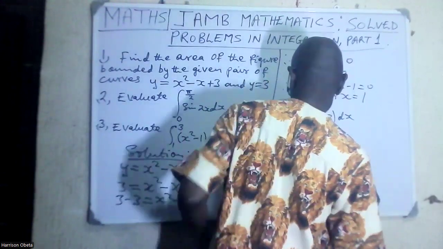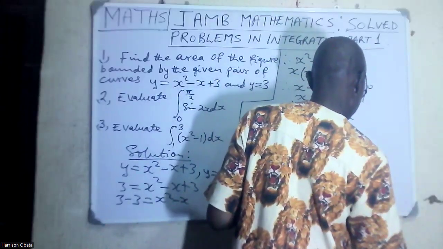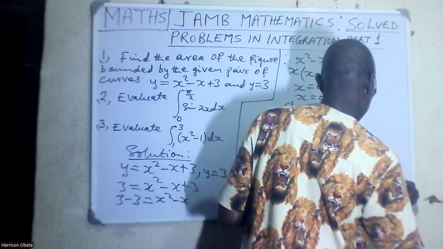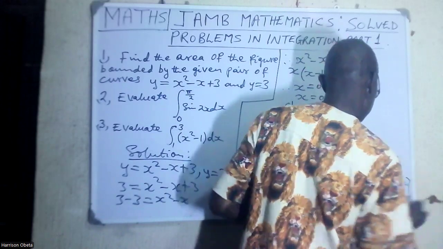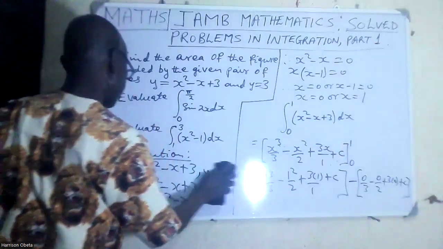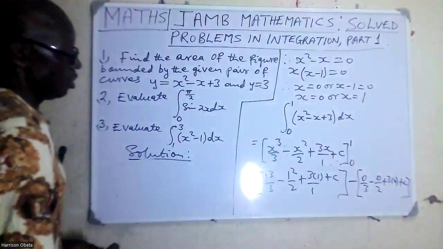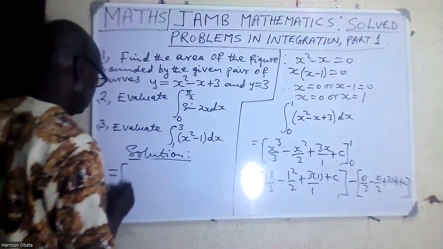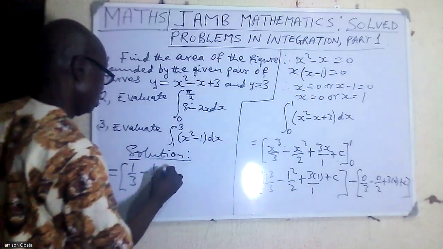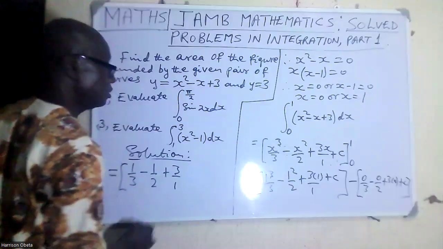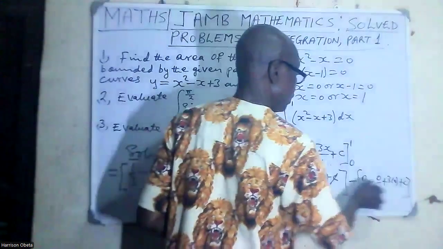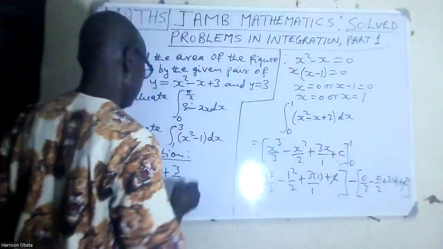Plus c. Then minus. You are now bringing in the 0 part. So putting 0, that will be 0 over 3 minus 0 over 2 plus 3 into 0 plus c. And then coming back, we have 1 over 3 minus 1 over 2 plus 3 over 1, then plus c, but this c will cancel out because c minus c is 0.